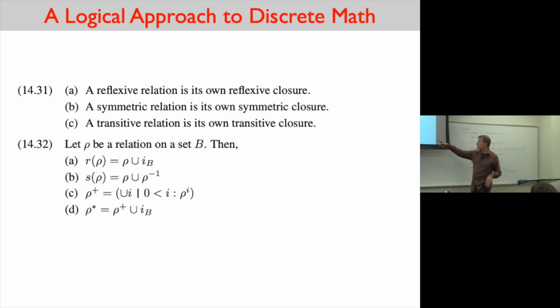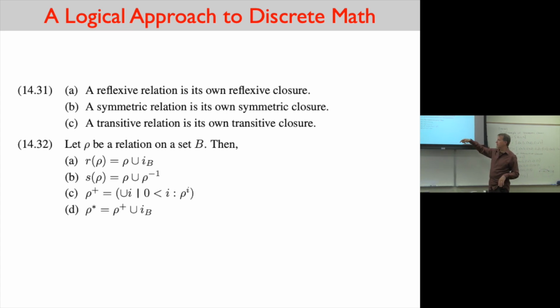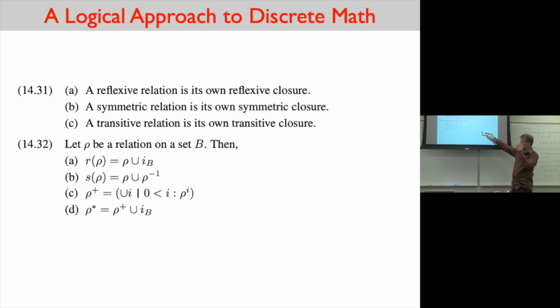This union over i of all the rho to the i, this is actually 14.32c. There's an algorithm called Warshall's algorithm. You can actually program this union over i of rho to the i, because when you use the matrix representation of the relation with the ones and zeros, you can multiply.